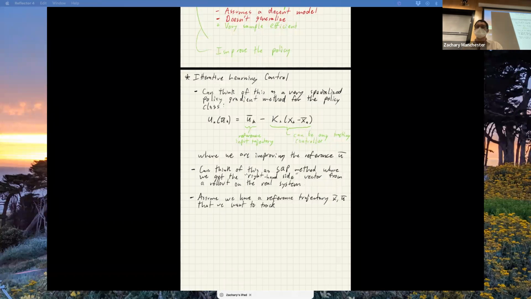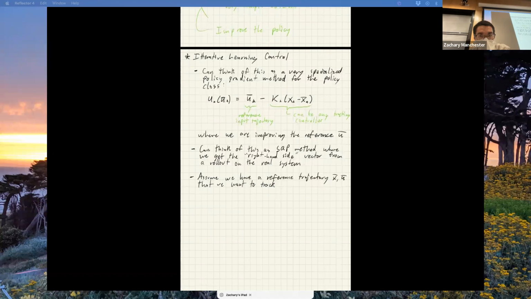Actually, there are various versions of this. This is one simple version for doing reference tracking. There are other flavors of this. But at the end of the day, what this is roughly doing is trajectory optimization with real rollouts in the loop in the optimizer.